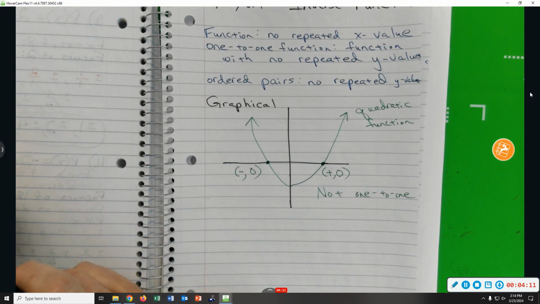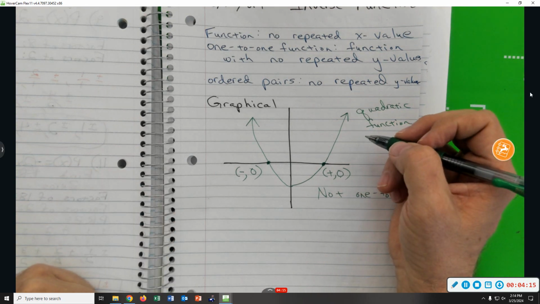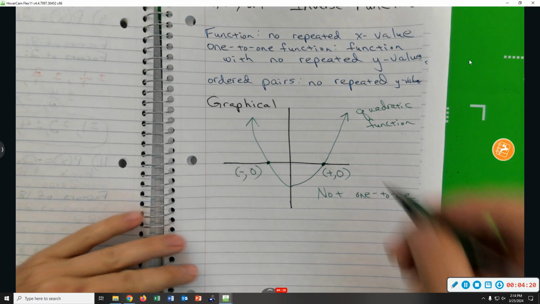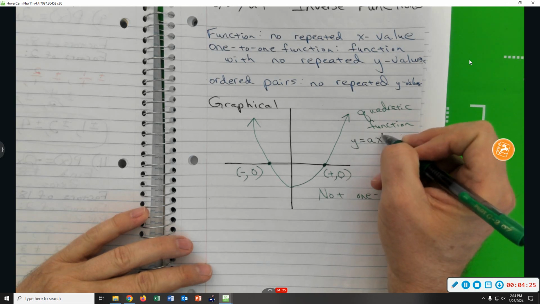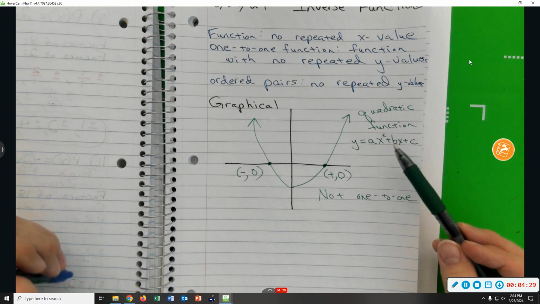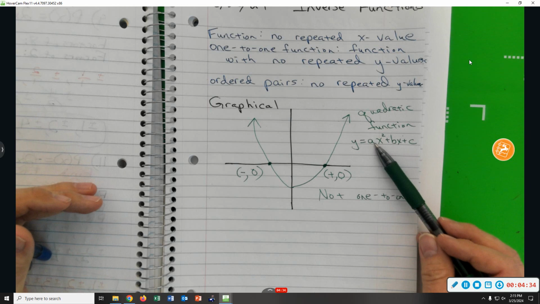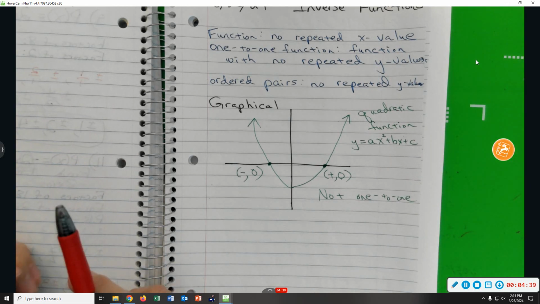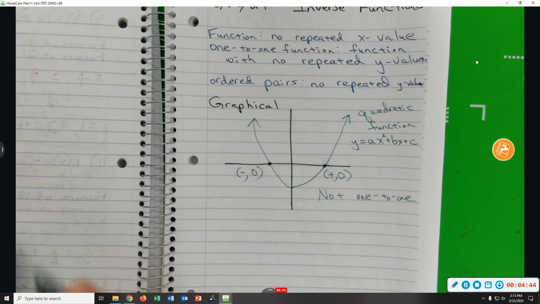What's the biggest exponent in a quadratic function? X squared. I agree. So the general form would be y equals ax squared plus bx plus c. Generally, those quadratic expressions cannot be one-to-one because there's something called the horizontal line test. To determine if a graph represents a function, you have the vertical line test.